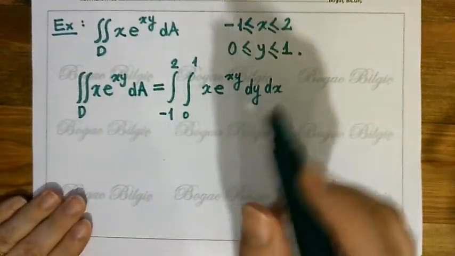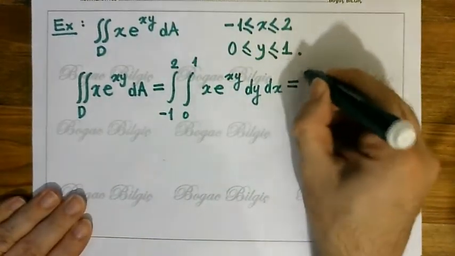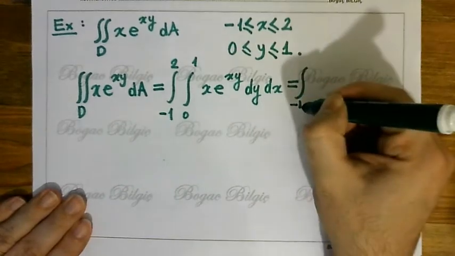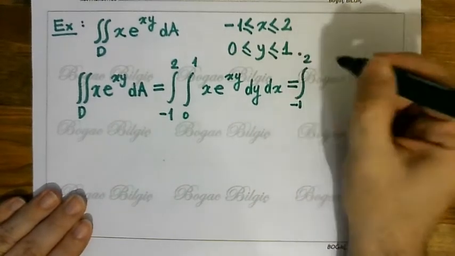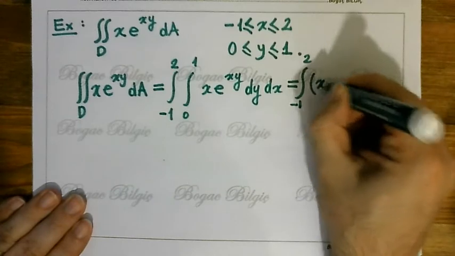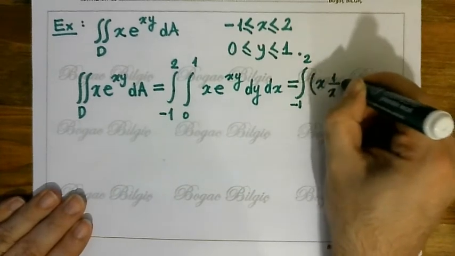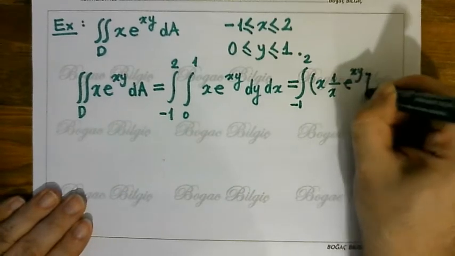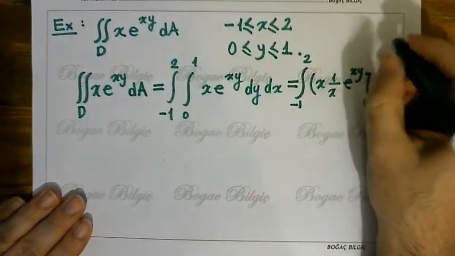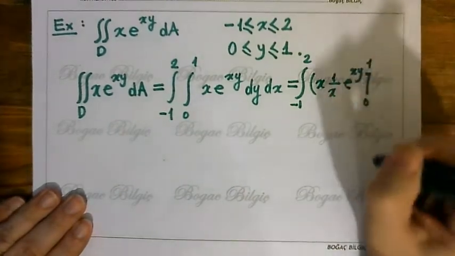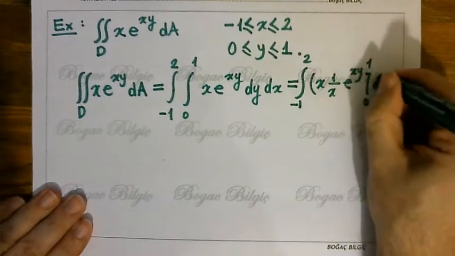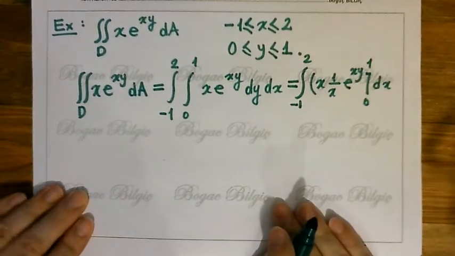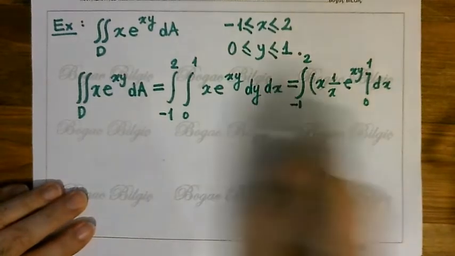So it is equal to the integral from -1 to 2 of 1 divided by x times x exponential xy, from 0 to 1, dx.